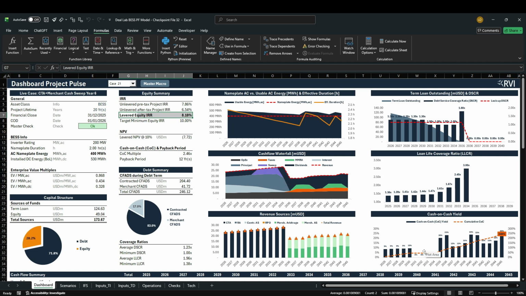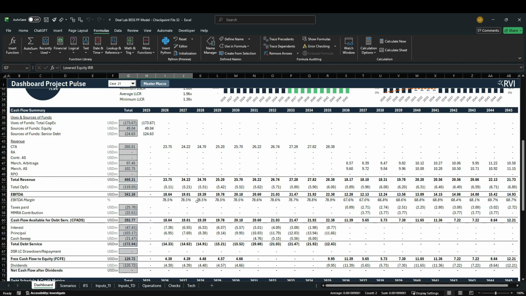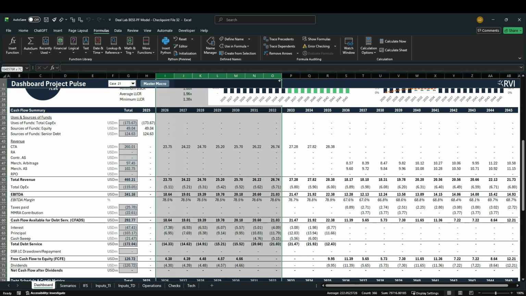Our cash on cash yield drops to 0 for 5 years after the mini-perm would end, if we assume a mini-perm financing structure. And you would see right here in the cash flow summary that our debt would actually get fully repaid by year 2035, which is still within our capacity tolling agreement period.